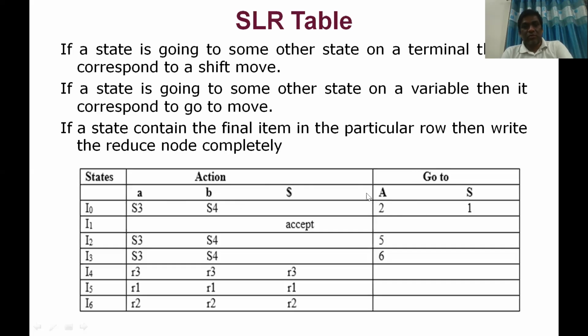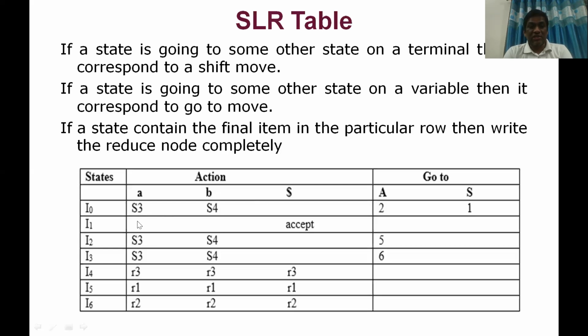Once you prepare this, how do we fill these entries? This is what we need to understand. Filling these entries is very easy. If a state is going to some other state on a terminal, then it corresponds to a shift move. In any LR parser, there will be two operations: shift operation and reduce operation.